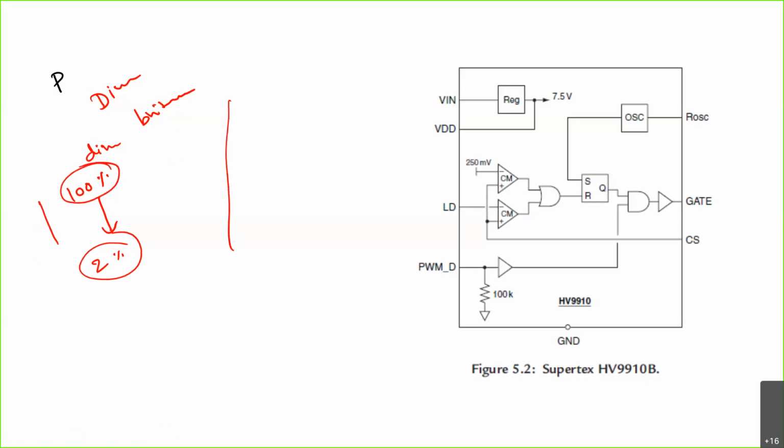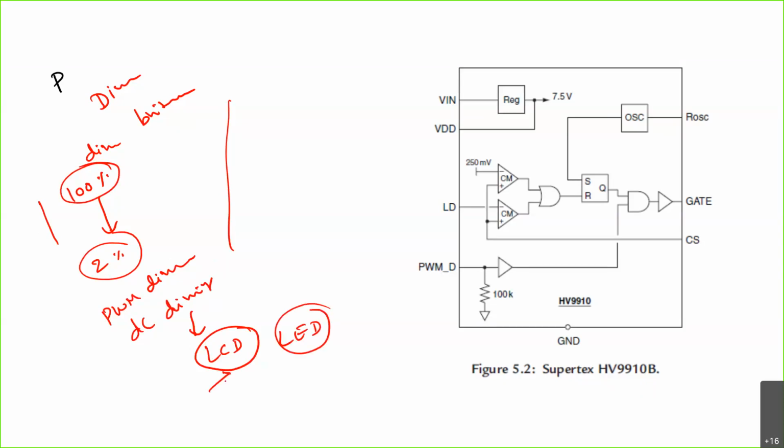Generally, two types of dimming are used in mobile phones or any display device. One is PWM dimming, and the other one is DC dimming. Normally DC dimming was used in the early days, in LCD screens. You know that screens are of two different types, LCD and LED screens. LCD screens require some backlighting, and generally LCD screens are backlit with LED.